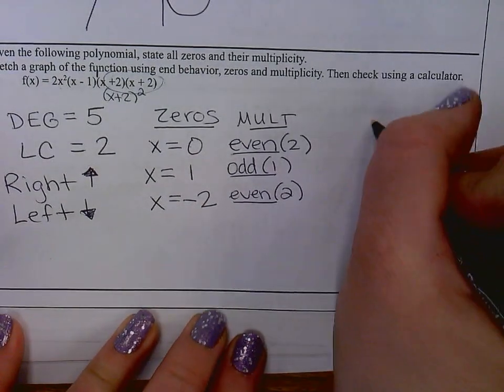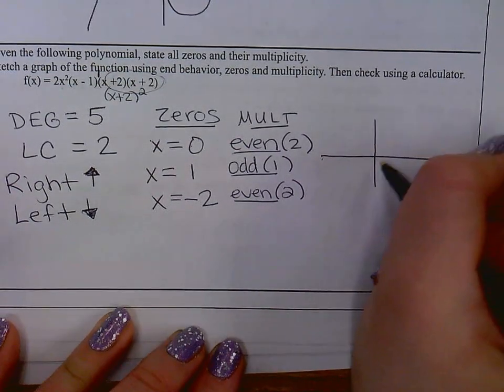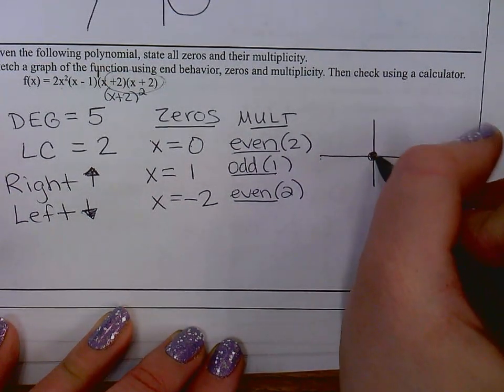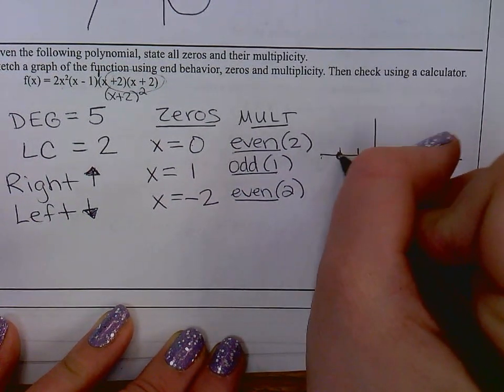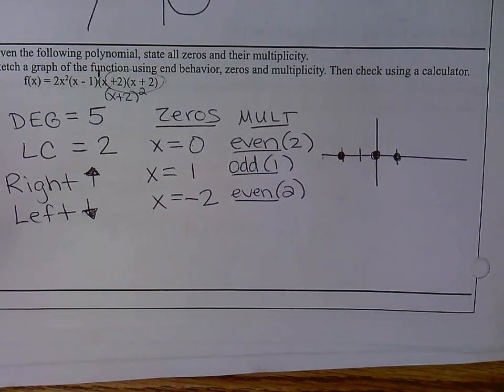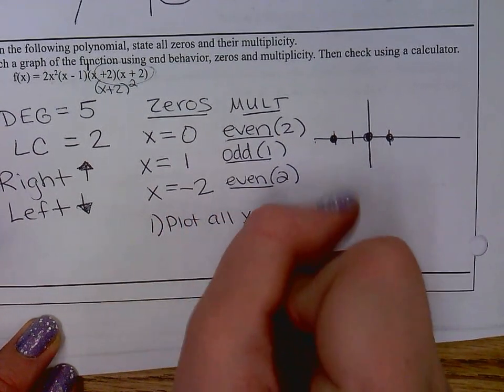So your first step is to plot all of your x-intercepts. I have an x-intercept at 0, I have an x-intercept at +1, and I have an x-intercept at -2. So you plot all your x-intercepts. Let's write step 1: plot all your x-intercepts.